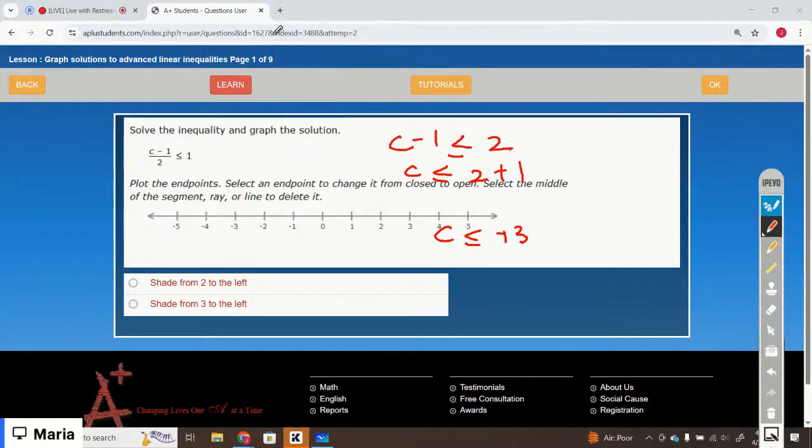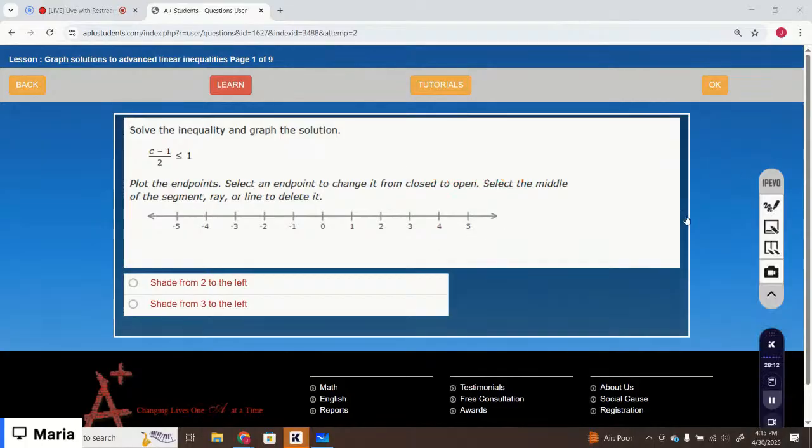So shade from 3 to the left. Option number 2 is the correct option, that is shade from 3 to the left.